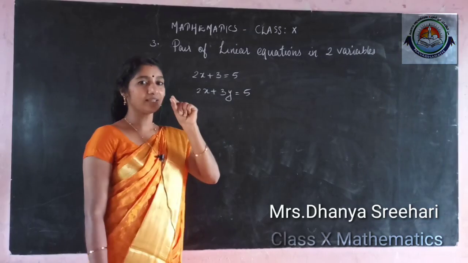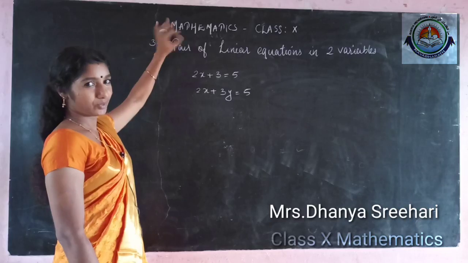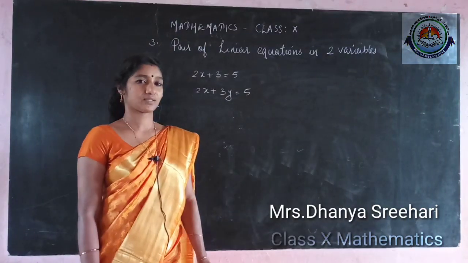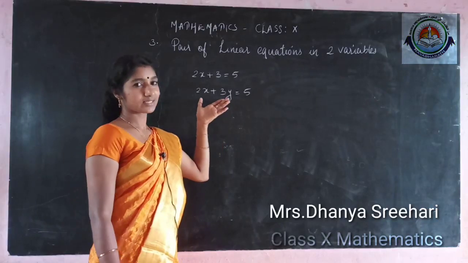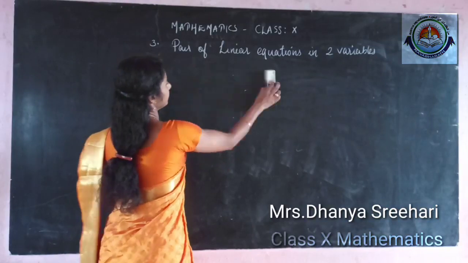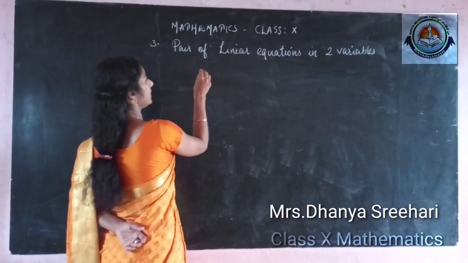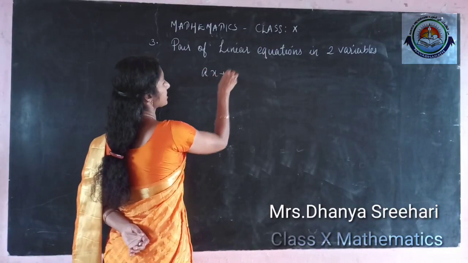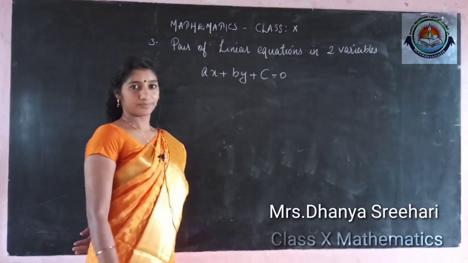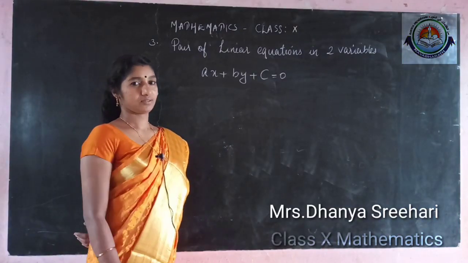This is a single linear equation in two variables. Our focus is on two linear equations in two variables, a pair of linear equations, a system of linear equations. So first we can discuss a single linear equation. Then see the general form of a linear equation. ax plus by plus c equal to 0 is the general form of a linear equation.